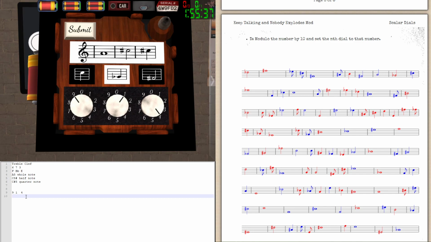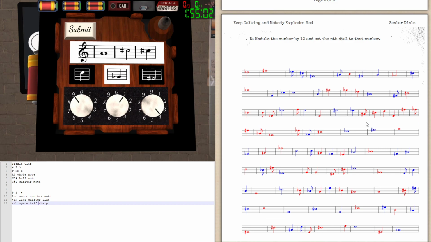So this would be second space quarter note, fourth line quarter note flat, and then fourth space sharp half note. And I did that kind of backwards, but it's fine.